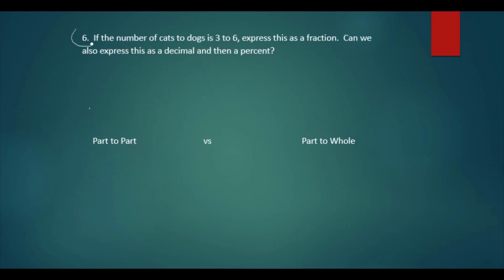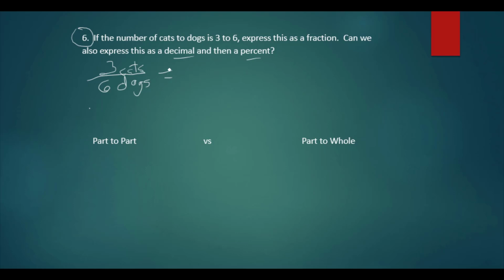So, number 6 in your workbook. If the number of cats to dogs is 3 to 6, express this as a fraction. Can we also express it as a decimal and a percent? Well, sure. And I'm going to write out the units because without the units, you lose track really quick.